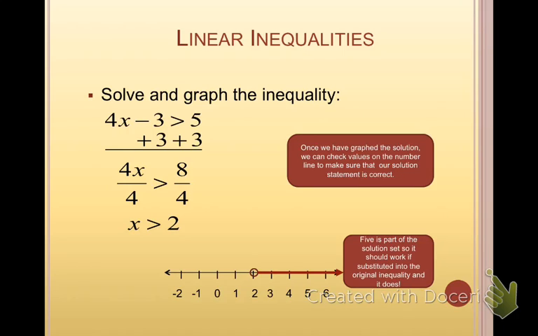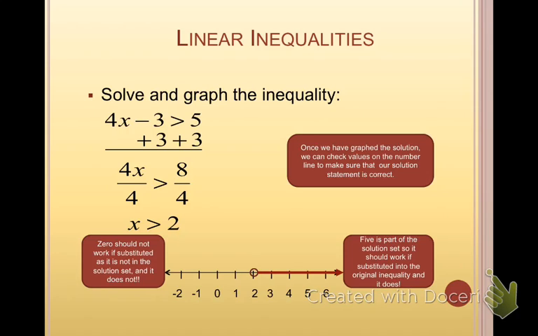5 times 4 is 20. And 20 minus 3 is still greater than 5. So when you substitute it back into the original inequality, because it is a true statement, it shows you that the solution works. Okay?